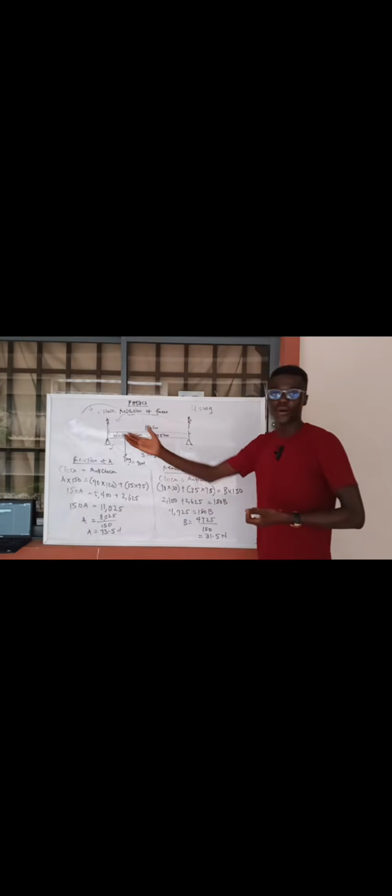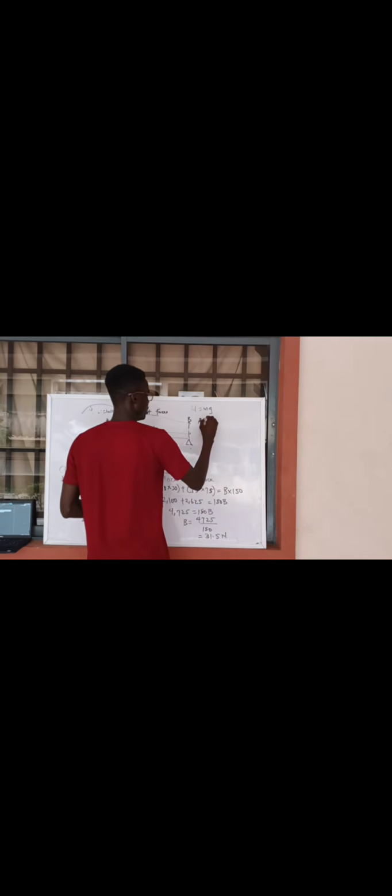Let's verify now. What are our upward forces here? A acting upward, B acting upward, 70 acting downward, and 35 Newton acting downwards. Let us verify if they are correct. A plus B, my upward forces, will be equal to 70 plus 35, which are my downward forces. What is A?